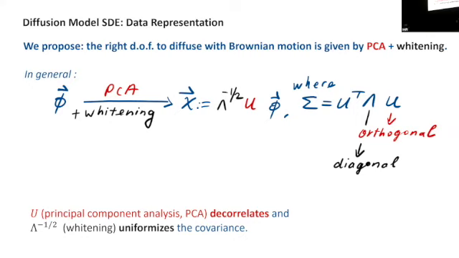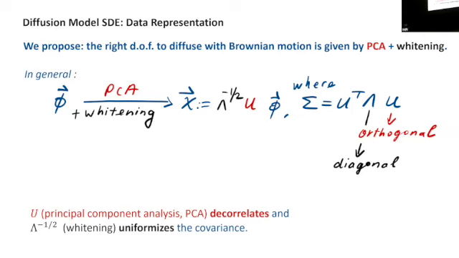So in general, to generalize that free theory noise that we talked about, we claim that what you can do is a PCA to decorrelate your covariance structure, so as to take your covariance into a diagonal form.